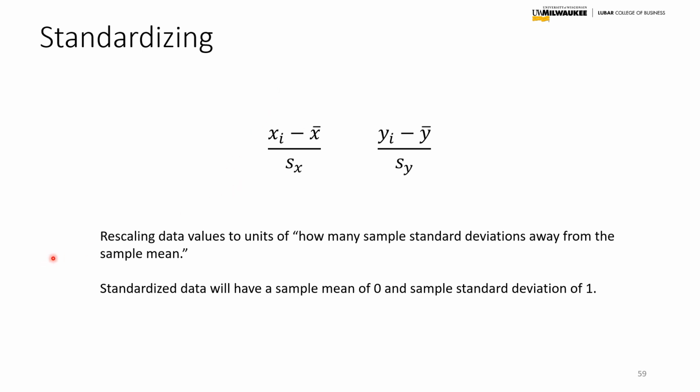When you rescale the data by standardizing, you have it in a scale of how many standard deviations away the observation is from the mean. Negative observations are below the mean, positive observations are above the mean, and in general, it can be shown that the average of the standardized value, the sample mean of the standardized variable, is 0, and the sample standard deviation is 1.